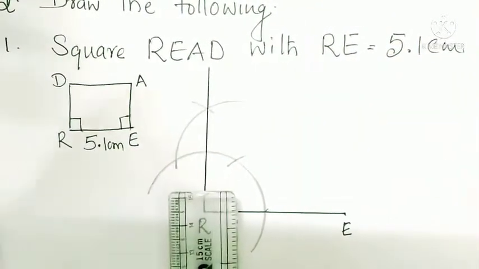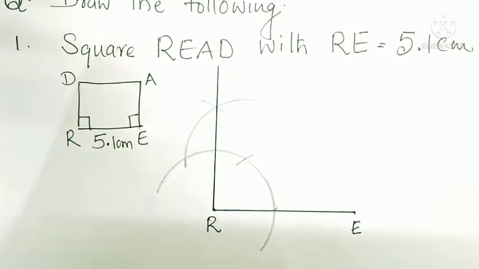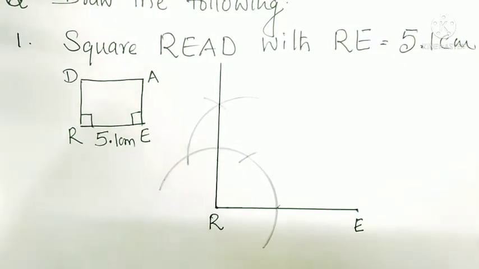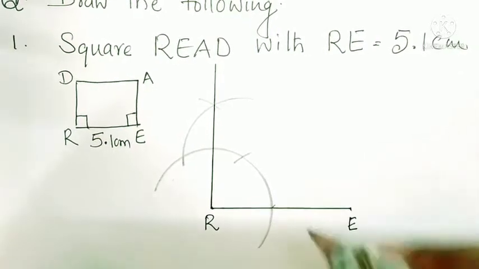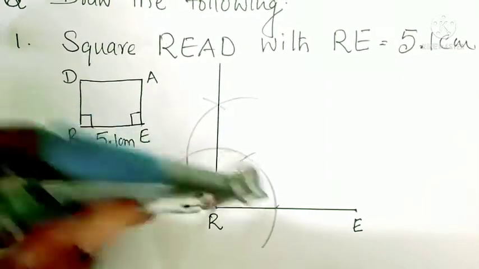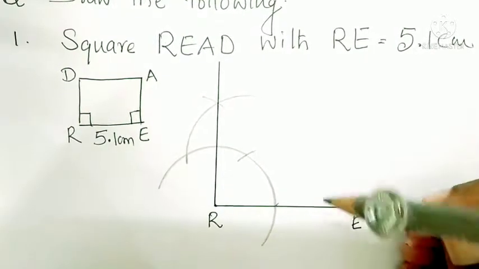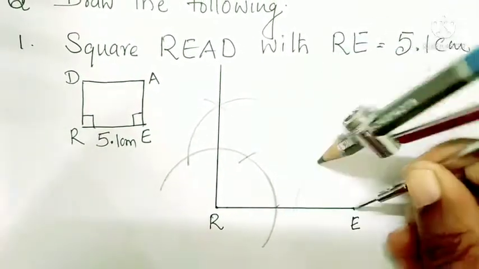Then in a similar way you can make it here also. Take any distance. Actually, if you take the same distance, then equal angle construction also you can use here. I will show you how to do it.